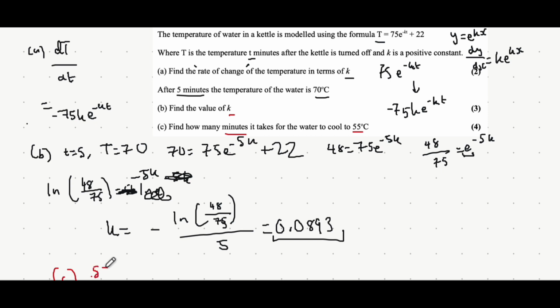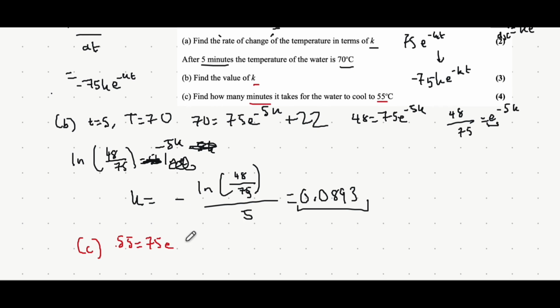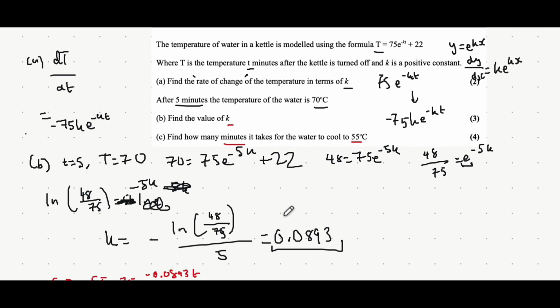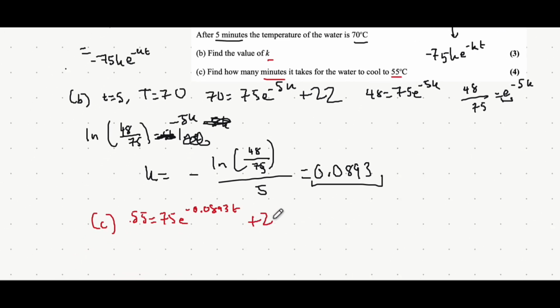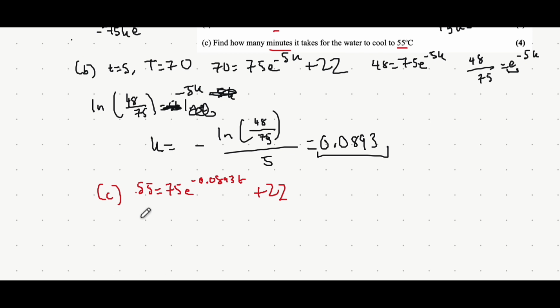So we have capital T, temperature, equals 75 e to the power of minus 0.0893 t, all of that plus 22. Start by subtracting 22 from both sides, so 33 equals 75 e to the minus 0.0893 t.